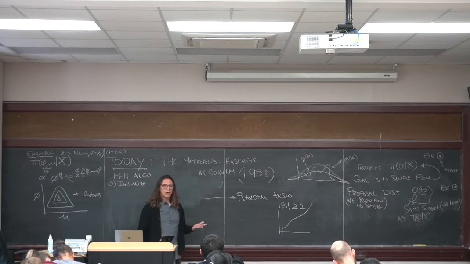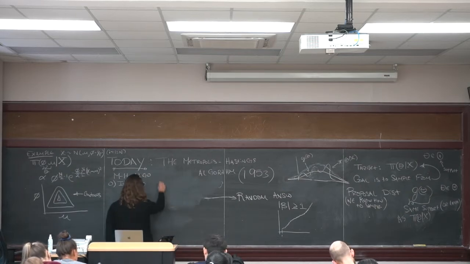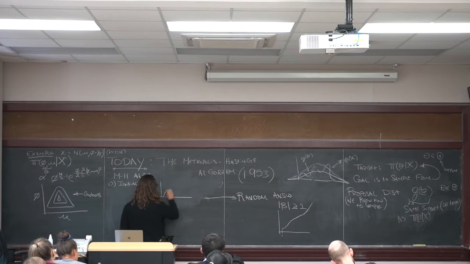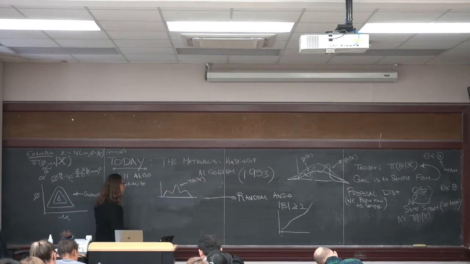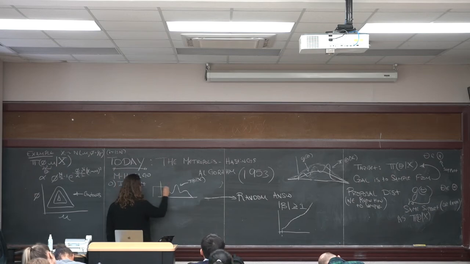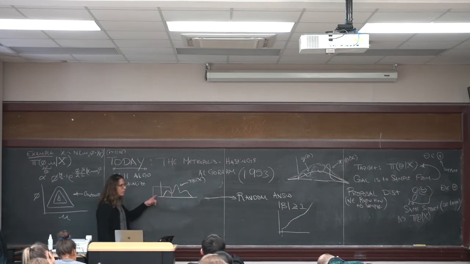It won't work, obviously, if I propose things. If I had something like this, let's say my target looked like this. So that's pi theta, given x. And let's say I had some proposal, and the proposal only covered that region right there.